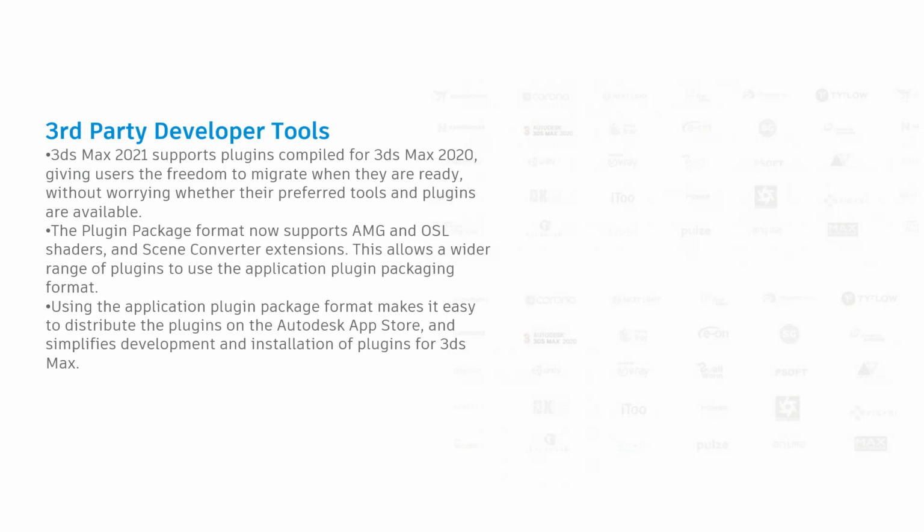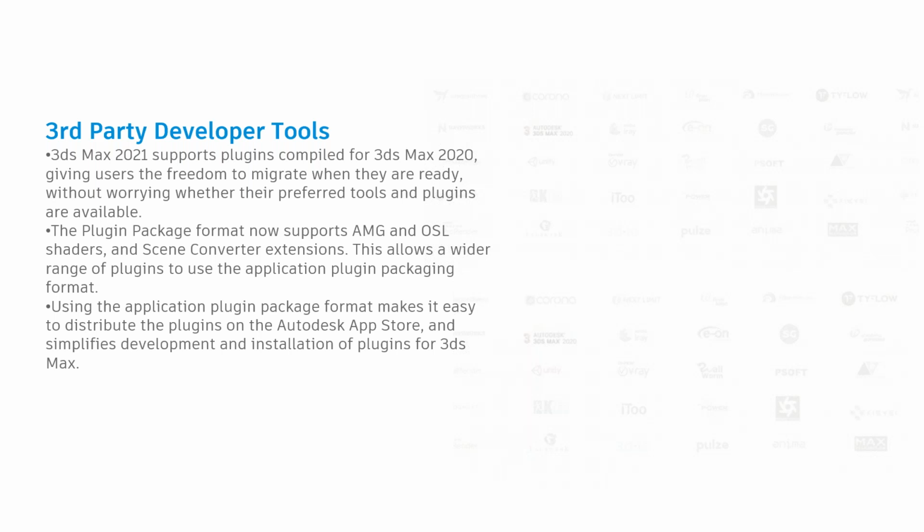Another cool thing is the third-party developer toolkit. 3ds Max 2021 supports all the plugins which have been compiled for Max 2020. This has always been a challenge, that people do not move to the current version because they believe it's not stable, which is not the case right now.